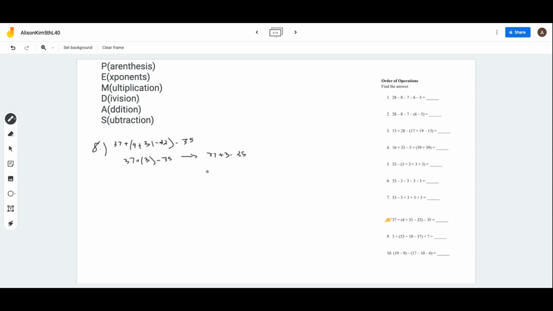Once again, we're going to follow the PEMDAS rule, which is addition, then subtraction. And we get 37 plus 3, which is 40. So it's going to be now 40 minus 35. Now we subtract 40 minus 35, which is just 5. And that's going to be your final answer.